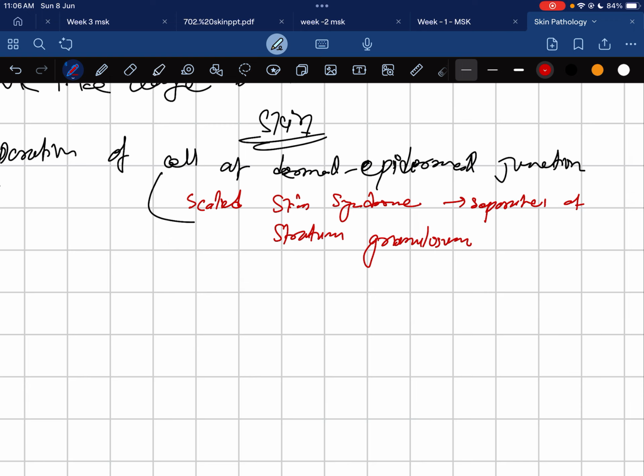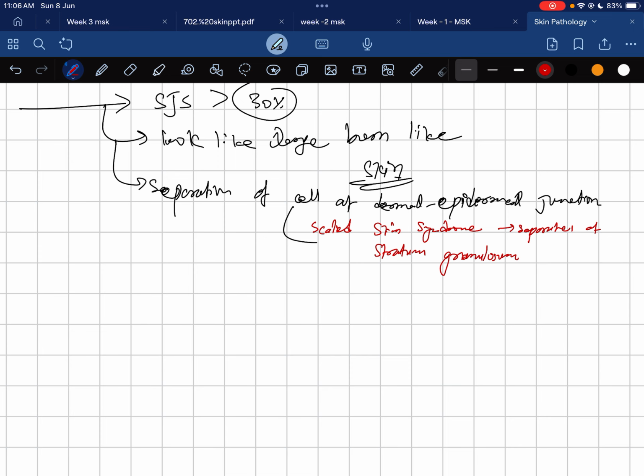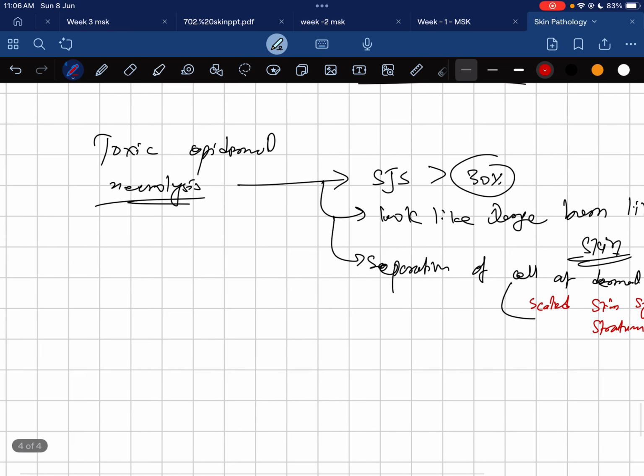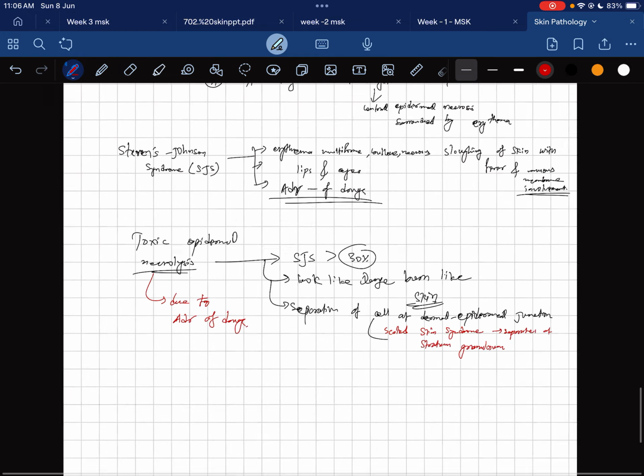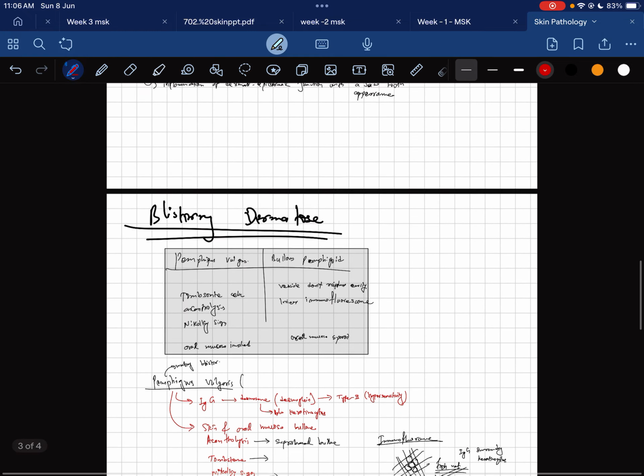The cause of this disease is mostly the adverse drug reaction, ADR, of drugs.